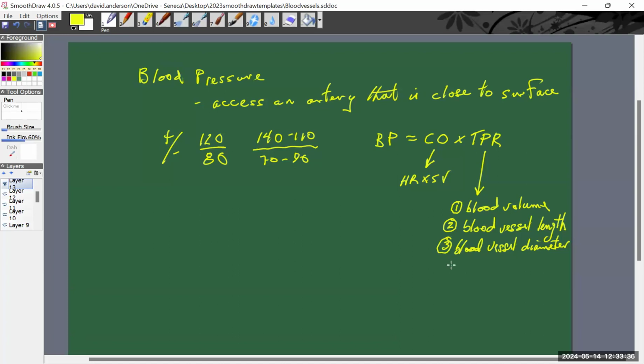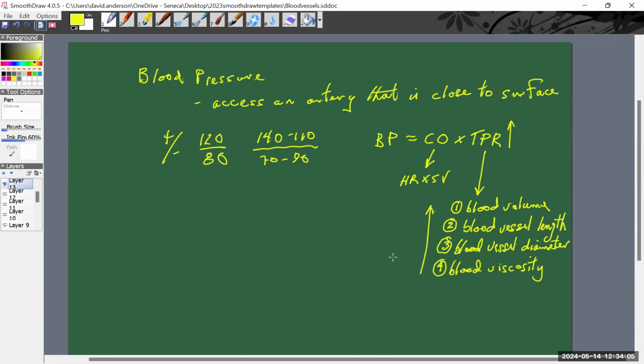So when we look at factors affecting blood pressure, we need to consider also a fourth one, which is blood viscosity, the thickness of blood. So if all of these are up, it means total peripheral resistance will go up.